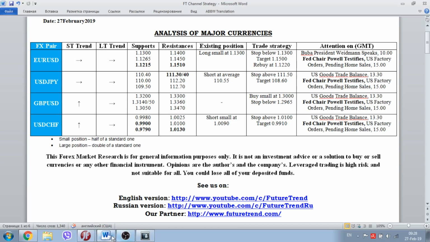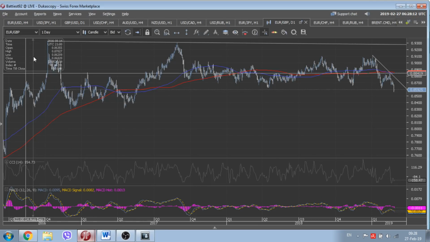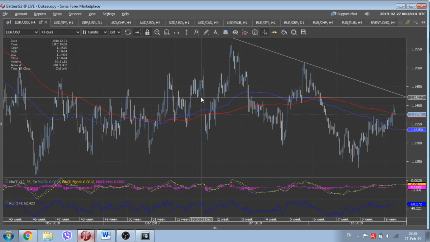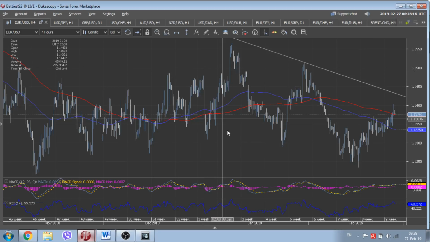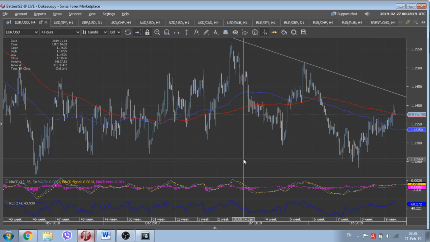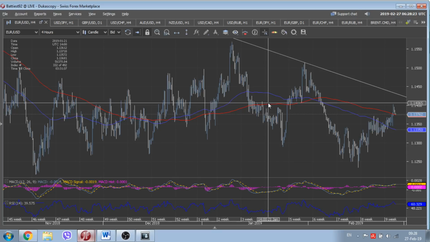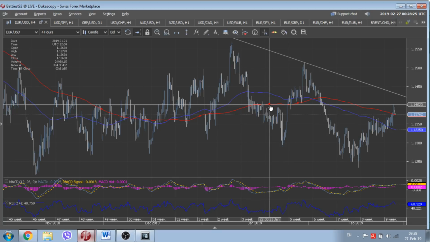At the moment euro dollar is really very stable and range bound, let's say, between the levels of 1.13 and 1.15, roughly speaking. But during the previous trading session, the pair was even able to exceed the level of 1.14.